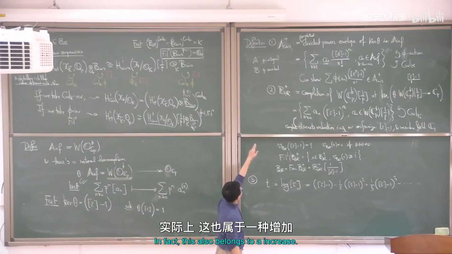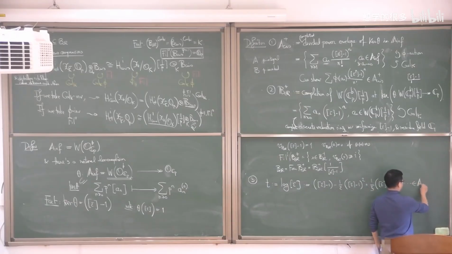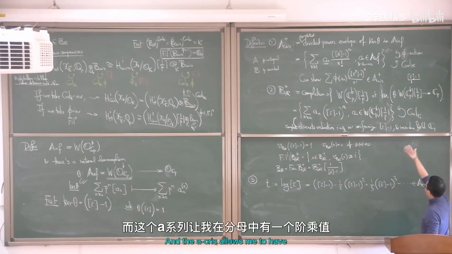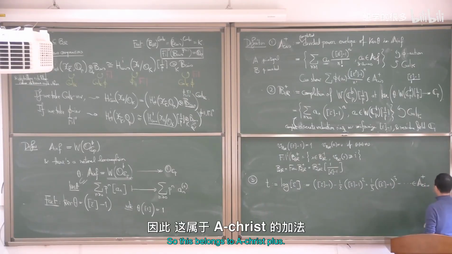In fact, this also belongs to A inf, because the A inf allows me to have n factorial in the denominator. I only have n in the denominator, so that's good enough. So this belongs to A inf plus.